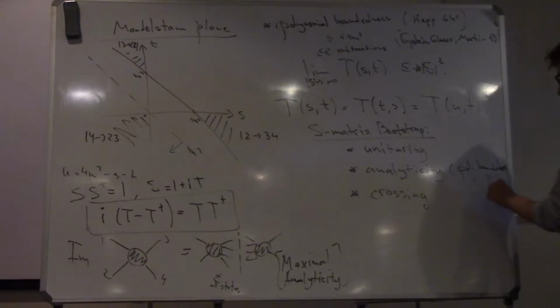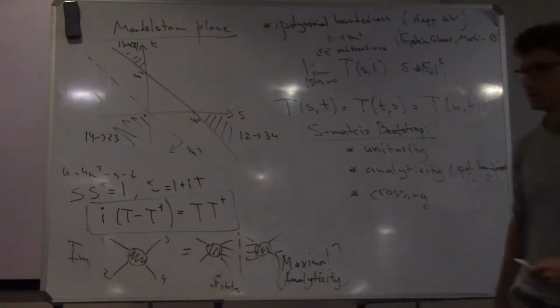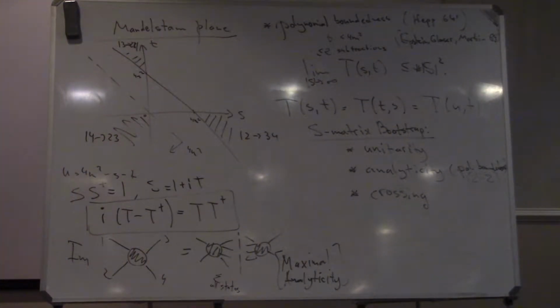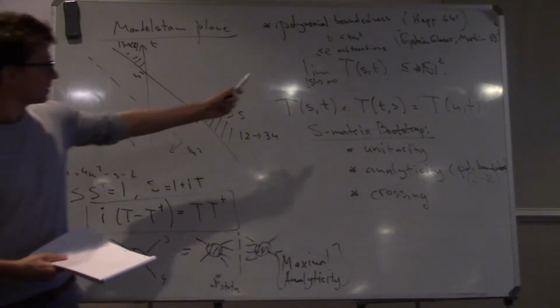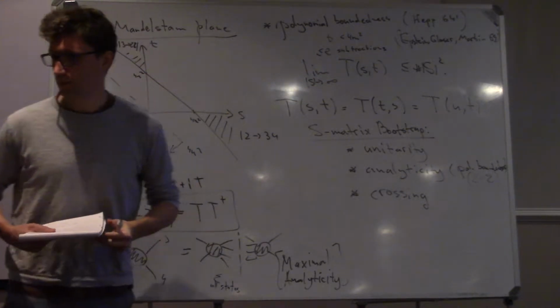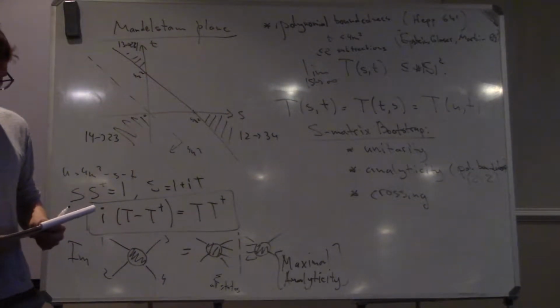I will refer to the 2 to 2 case. Is it expected that one doesn't have further conditions? I think it's expected they're all polynomially bounded. If you take an n-point amplitude and some Mandelstam invariant, it should be polynomially bounded, but the number of subtractions, here it's proven that it's 2, I don't know what's known about subtractions for high point amplitudes.